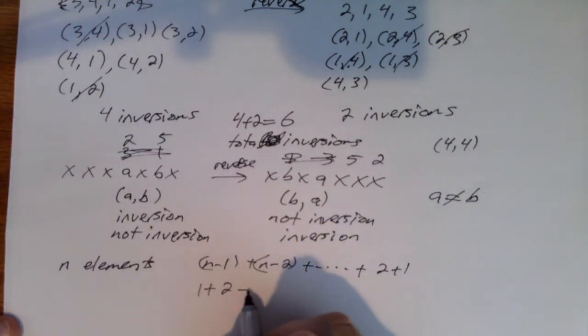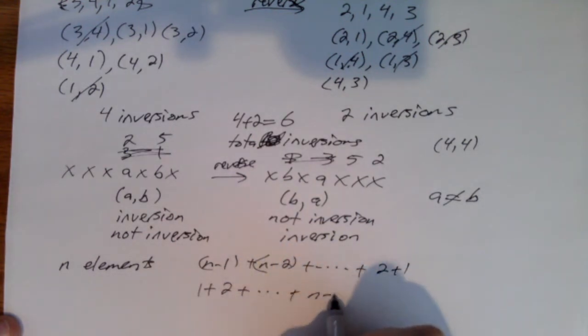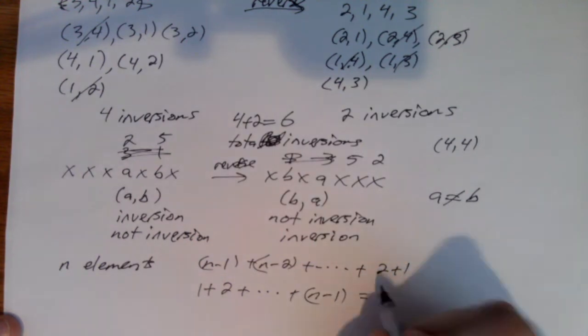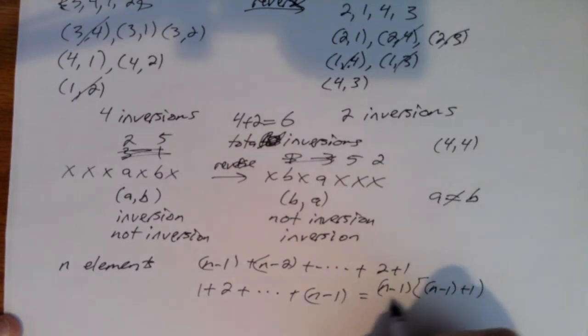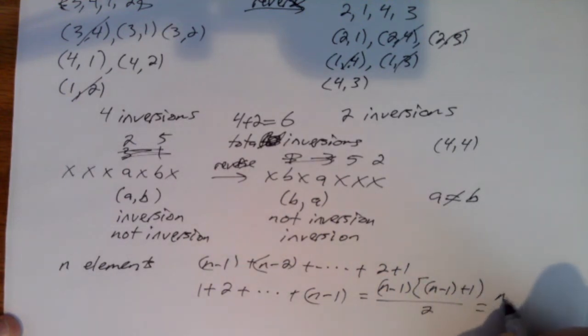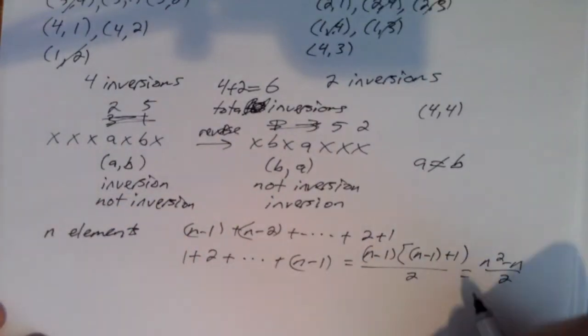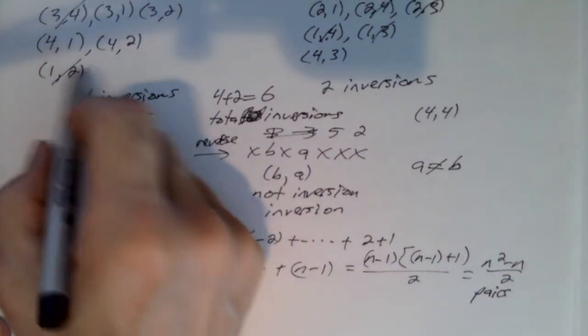We can turn that around to get n minus 1 times n minus 1 plus 1 over 2, and that is n squared minus n over 2. That's the number of pairs that we can have within the sequence.